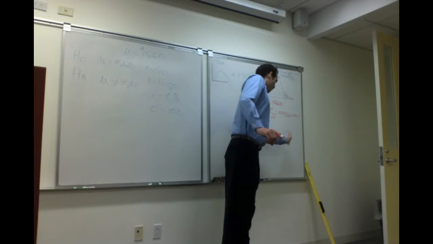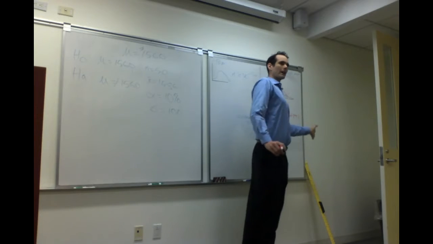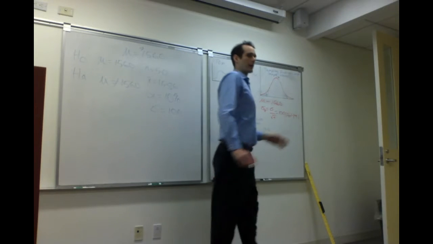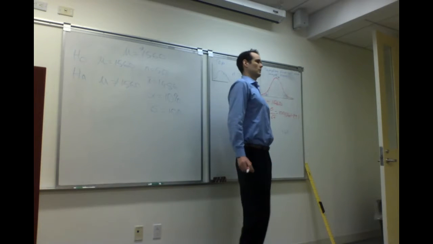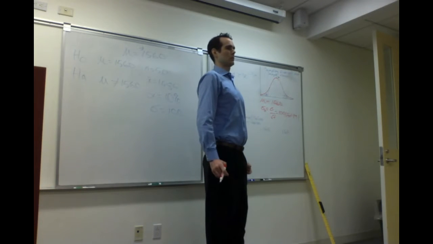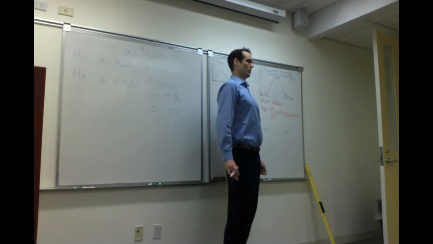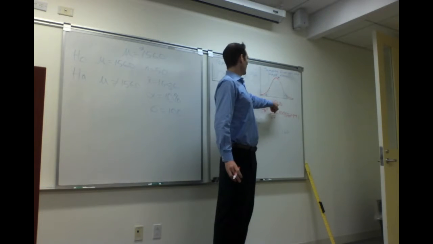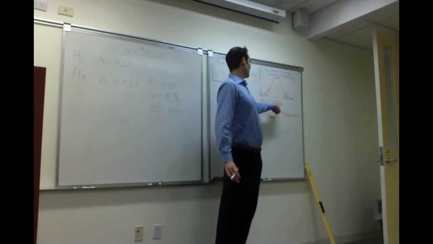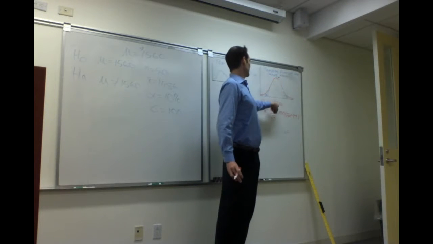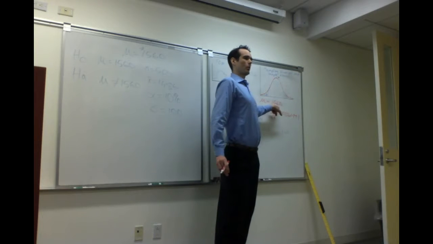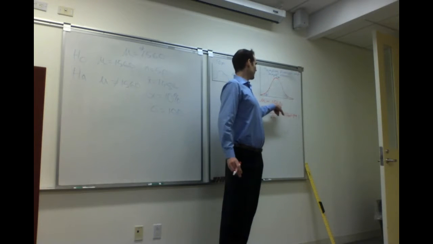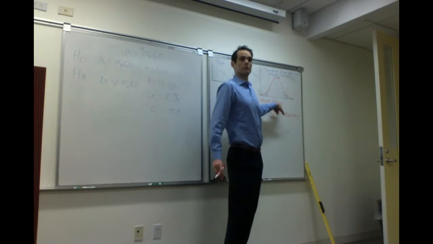What is going to be the threshold where above that number we reject, below that number we do not reject? Again, we're assuming the null hypothesis, that the mean of the sampling distribution of the sample means is 1560. So we need to add 1.65 standard deviations to that number.